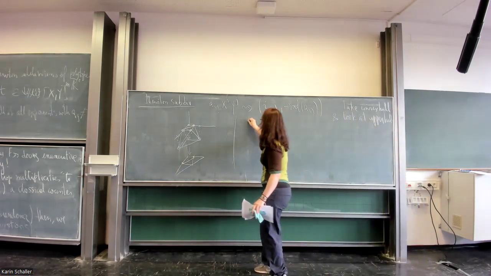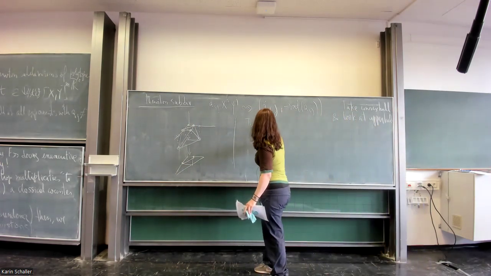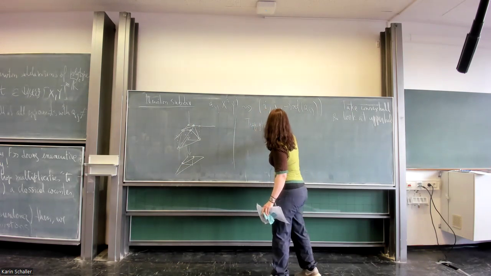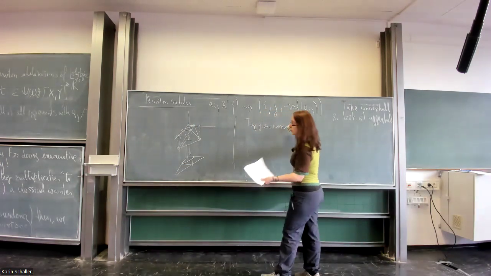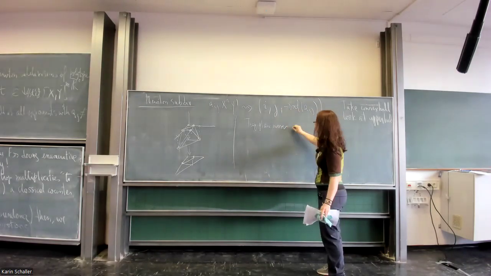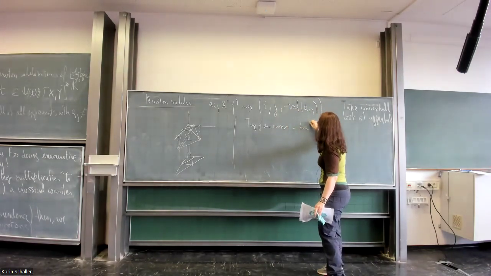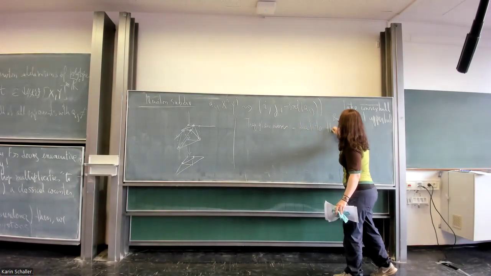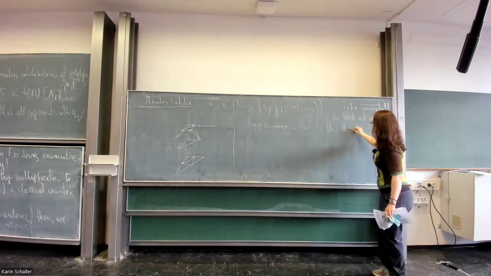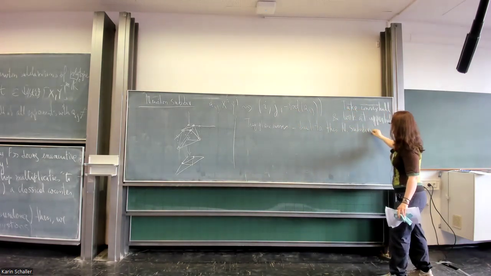So the tropical picture for the plane curve is the same as the one we did before with the corner locus. It's going to be dual to this Newton subdivision.